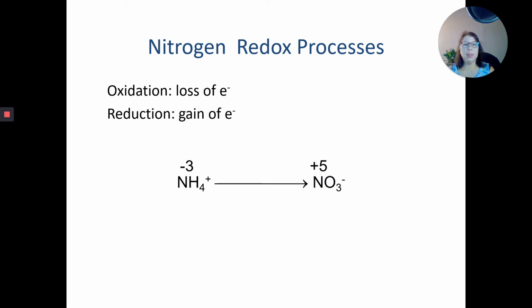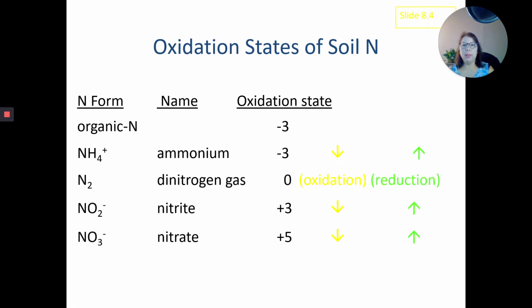Again, you might be asking the question, where did I get -3 and where did I get +5? Remember our last slide? You have here -3 and you have here +5. Where did I get again this oxidation state?